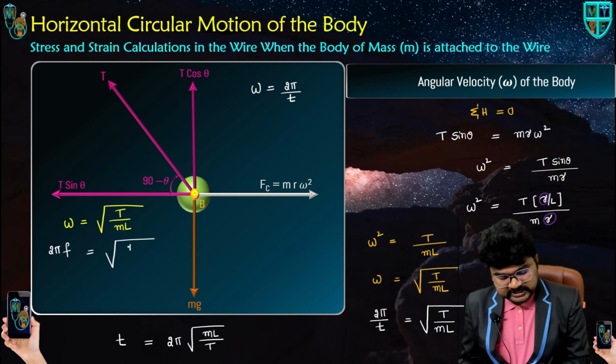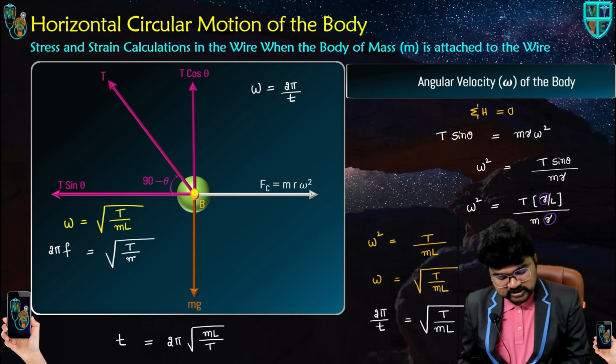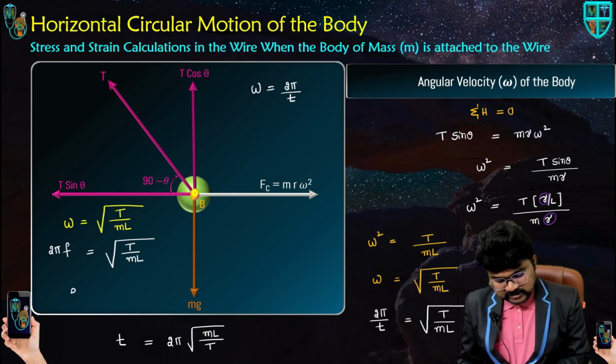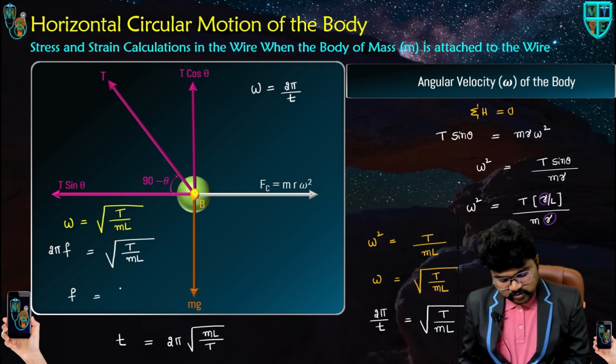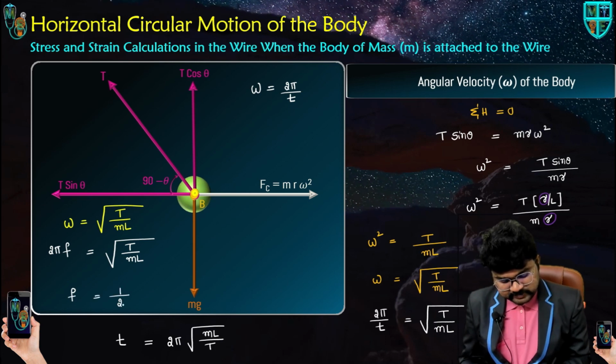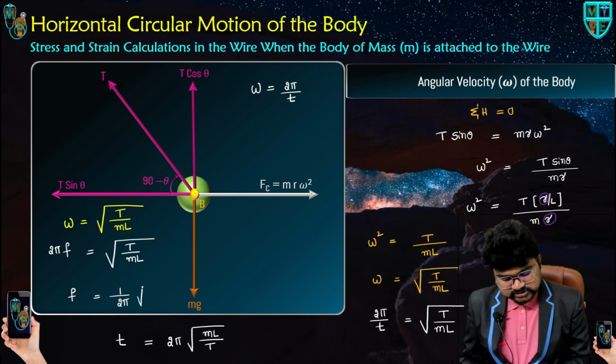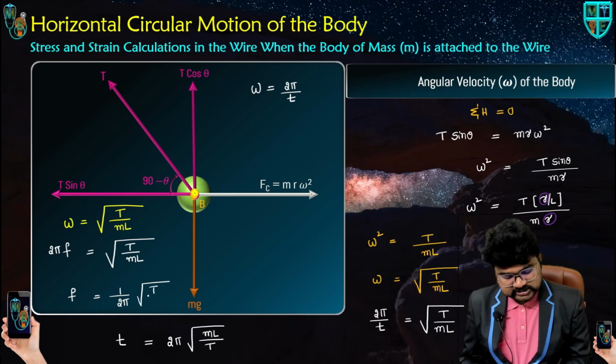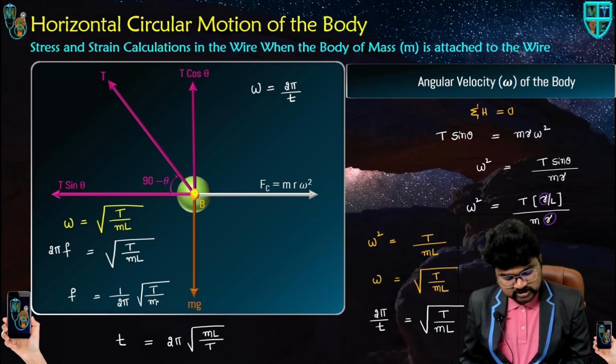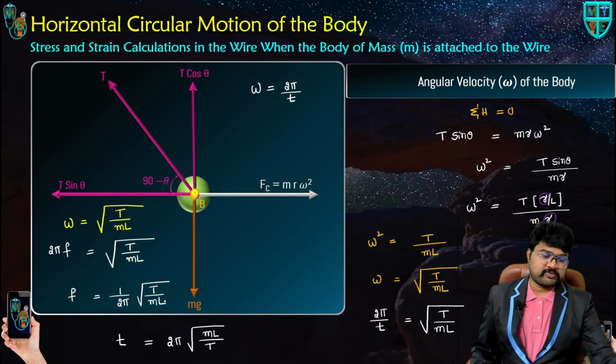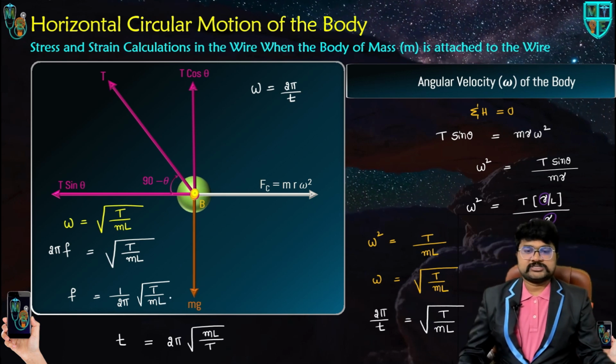F equals to 1 by 2 pi square root of tension in the string by mass of the body into length of the wire. So these are the results obtained.